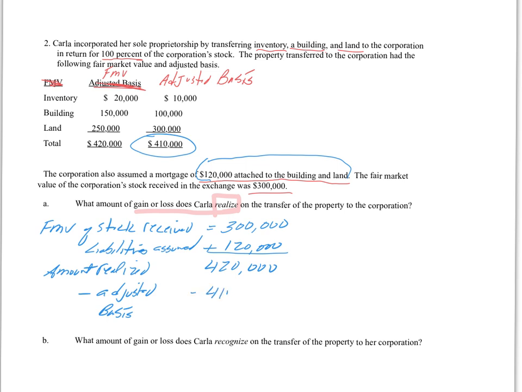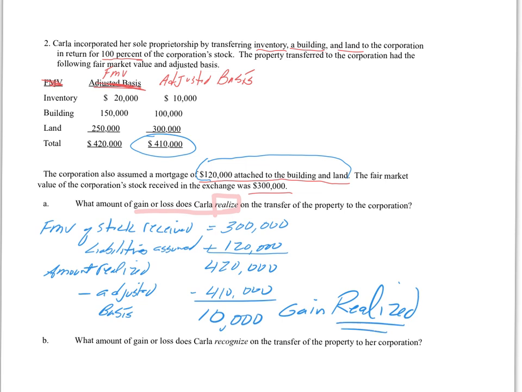So minus $410,000. So what do we have? We have a $10,000 gain, and it's important to remember that this is realized gain, not recognized gain. Okay? So that is part A.